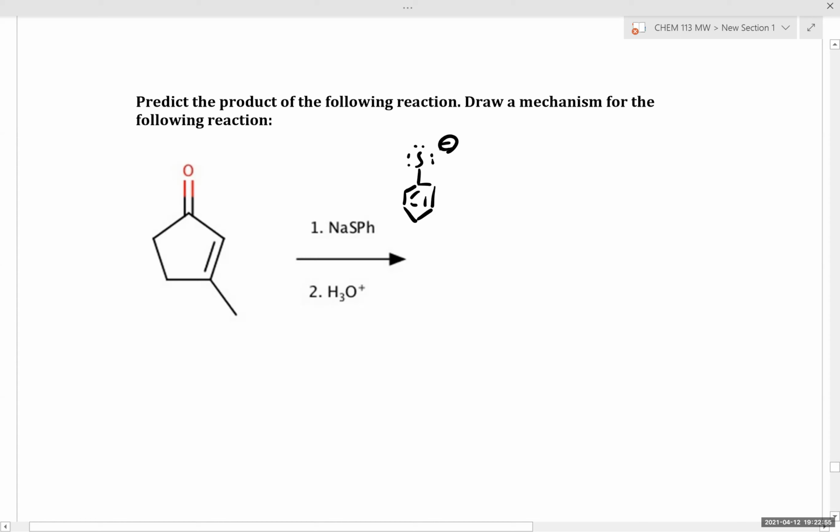So, does anyone have a proposal for the mechanism for this reaction? Or would anyone like to share their proposed mechanism in the chat, verbally, or on the class whiteboard? I'd really want to have us practice drawing out the mechanisms for these reactions, and I'd like to see if you have any questions, so that way I can provide some input and feedback.